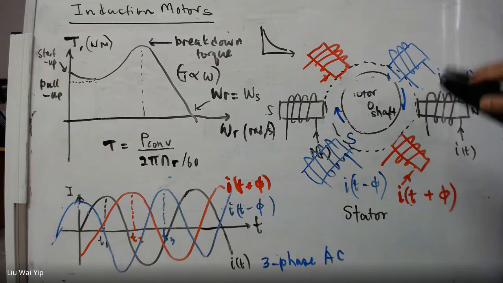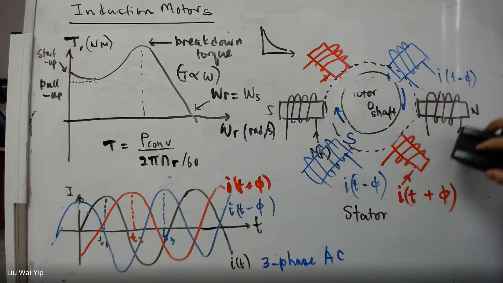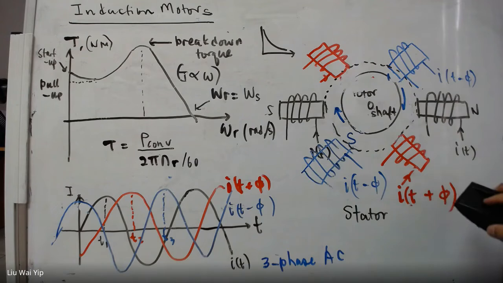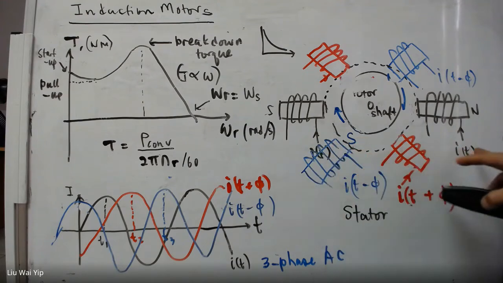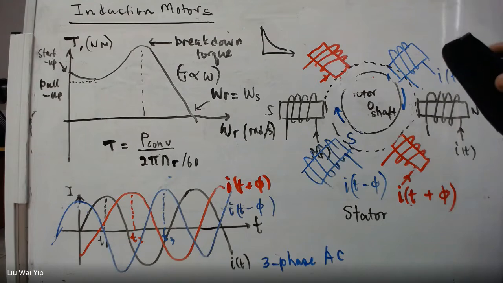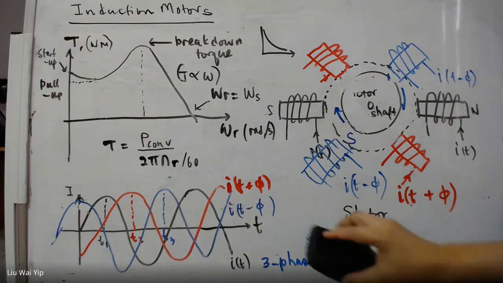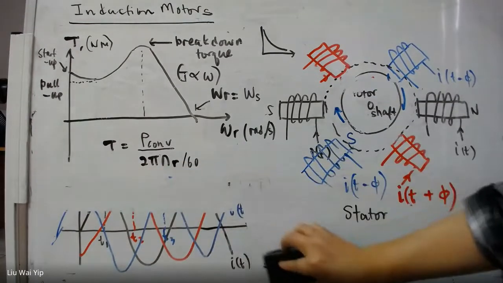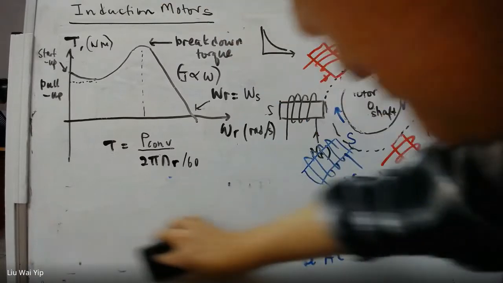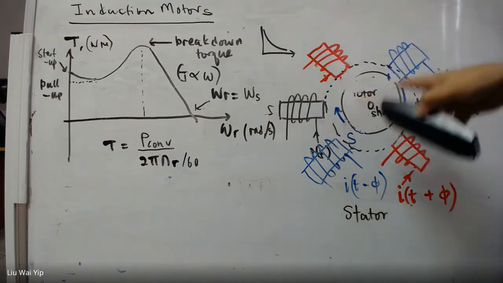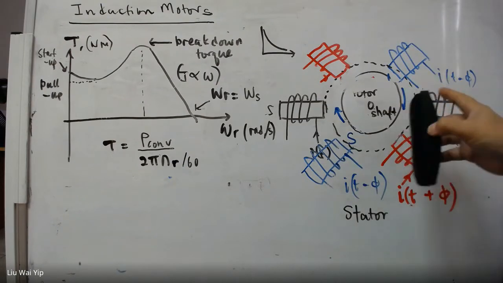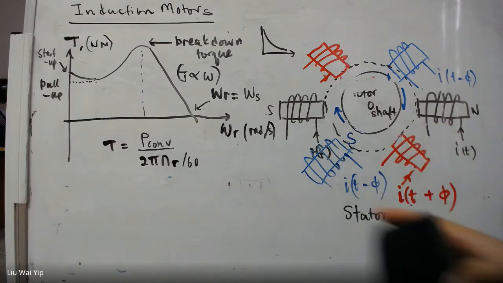Now the motor itself has an array of electromagnets in the stator. And this array of electromagnets is not very much different from the primary of a transformer. Right now, we have an electromagnet in the stator.